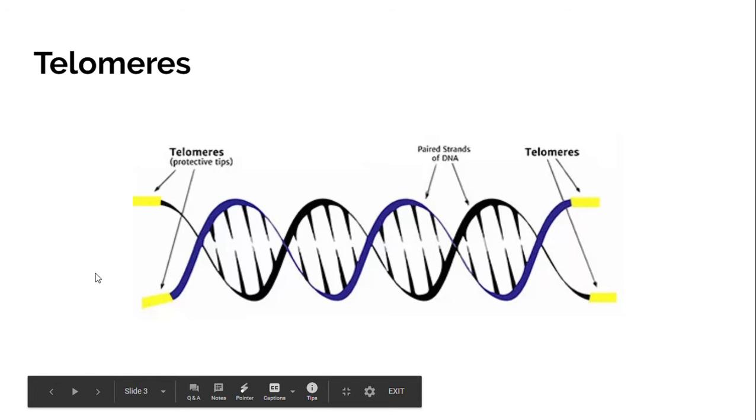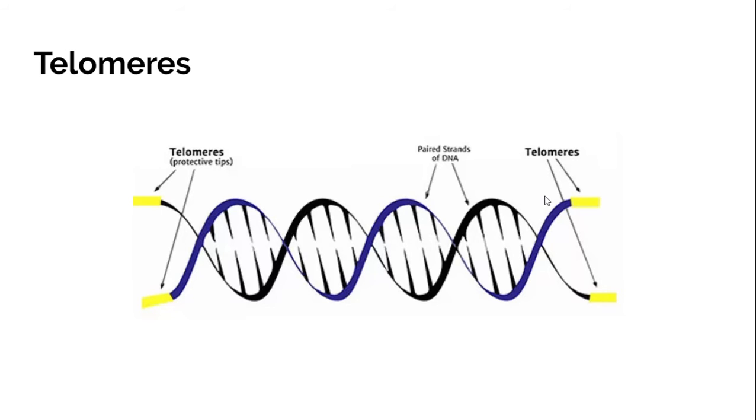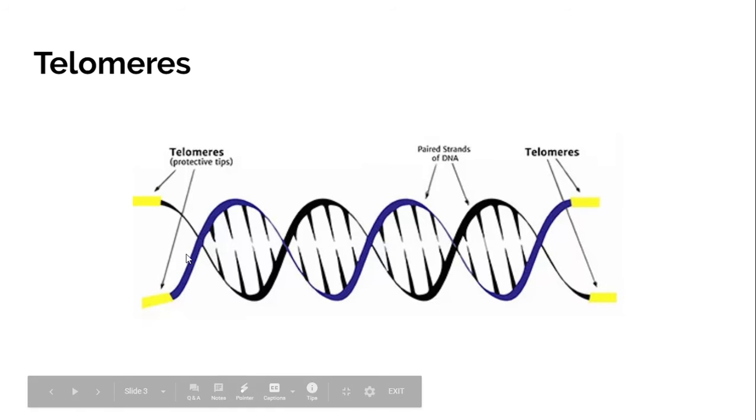But in order to prevent this, there is a special sequence on the DNA called telomeres. These do not contain nucleotides that code for genes, but instead they have a short repeated sequence. This sequence protects the DNA from becoming shorter and shorter, and it basically prolongs this shortening, and allows it to stay longer for a longer period of time.